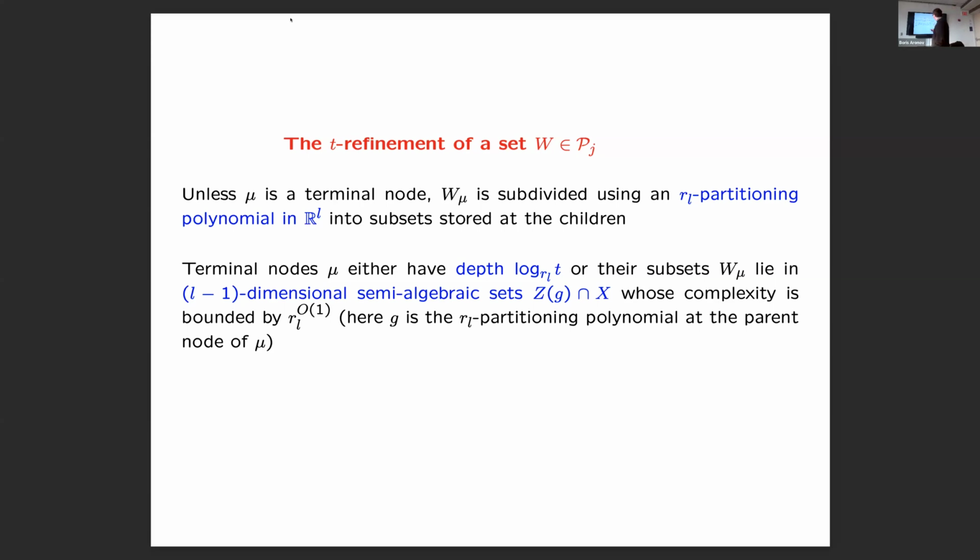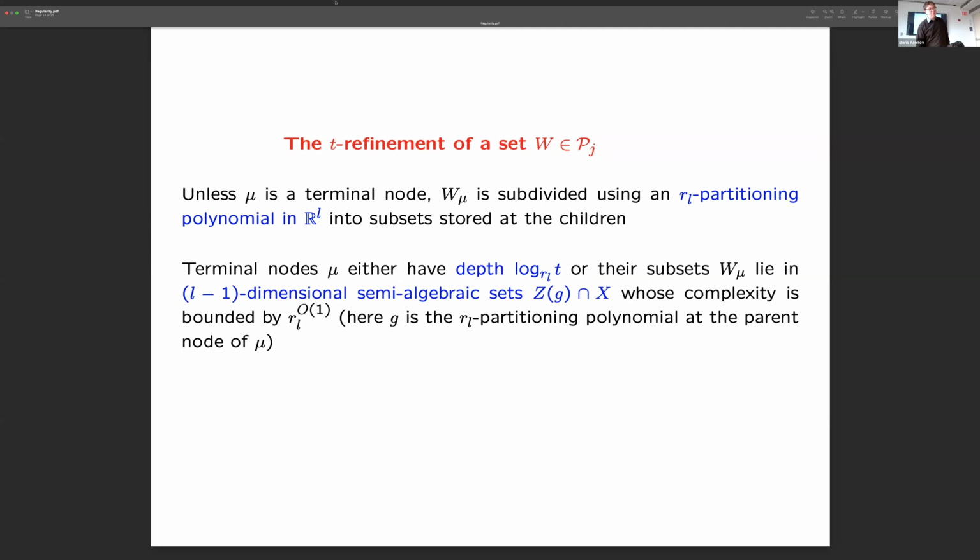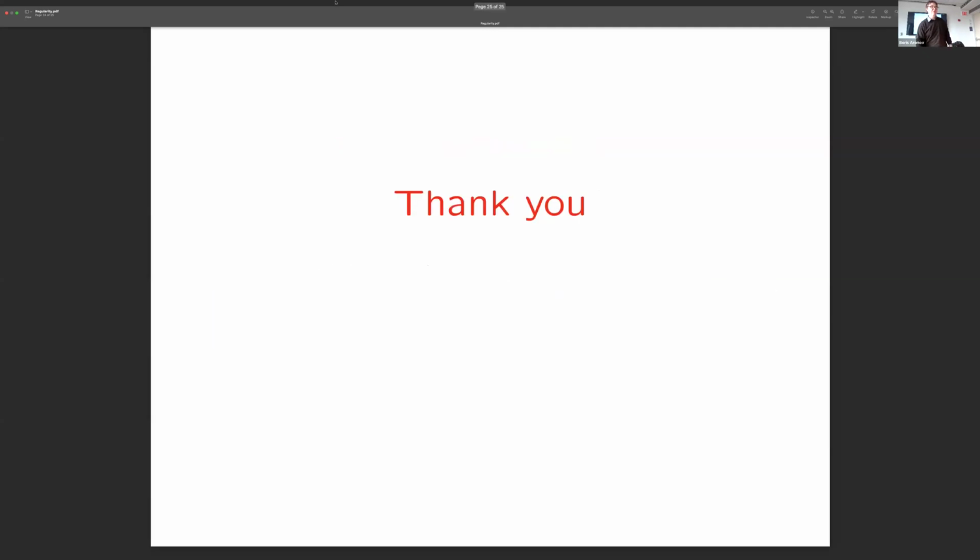So let's just say that dealing with lower dimensional points and hypersurfaces and intersections of such hypersurfaces adds bulk to the description. But we gain algorithmically from the fact that the polynomials have constant degree.